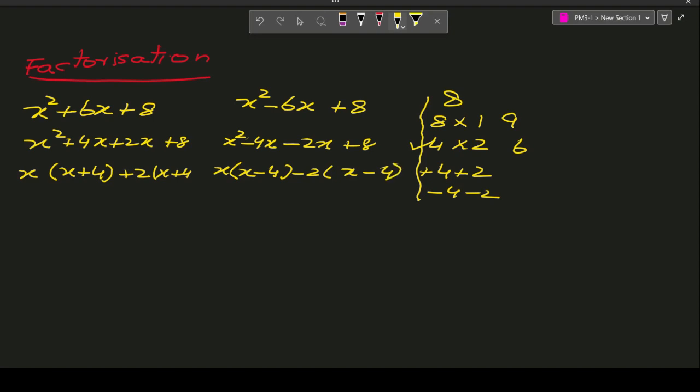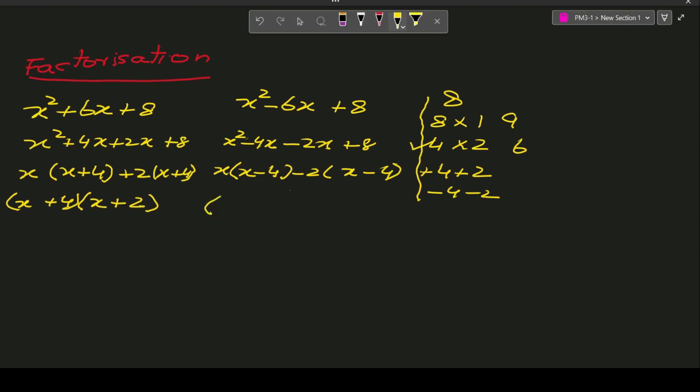Here x plus 4 is common in both, so let me close the bracket. So x plus 4 is common, and you will get x plus 2. So this is how we have done the factorization of the given expression, x plus 4 into x plus 2.